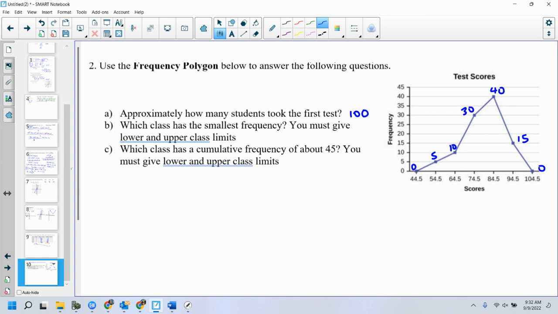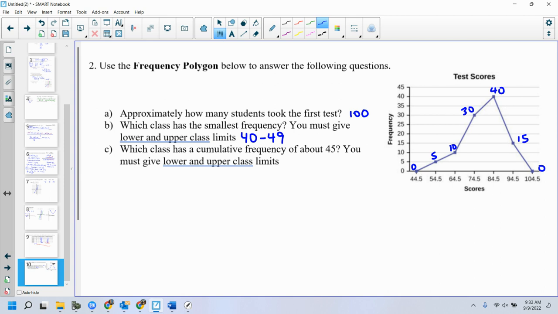If I know this is 44.5, that's the midpoint, right? And I can see that it jumps from 44.5 to 54.5. That means the class width is 10. So what 2 values are going to give me the midpoint of 44.5?